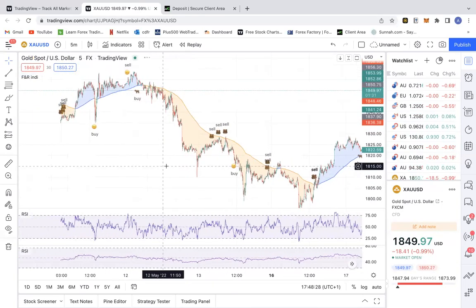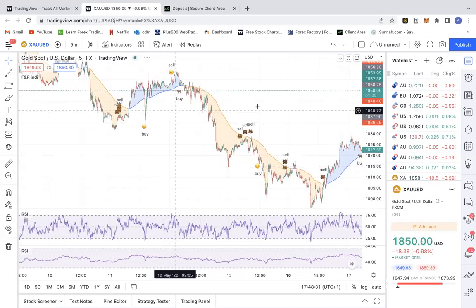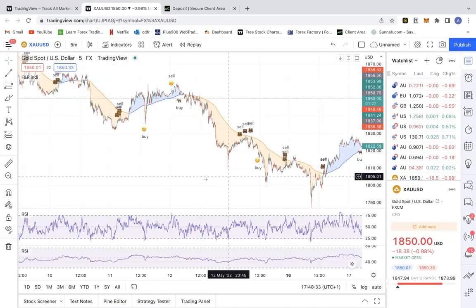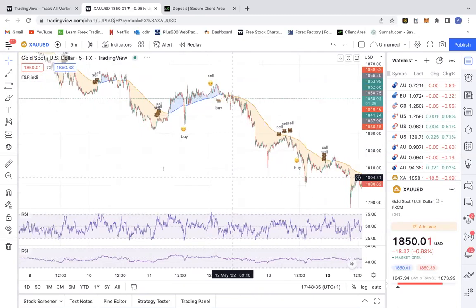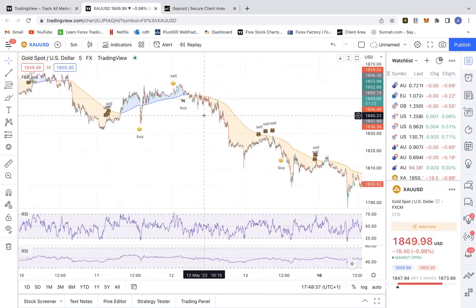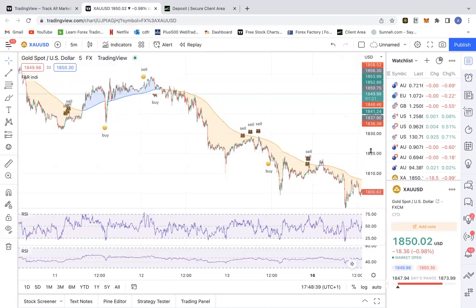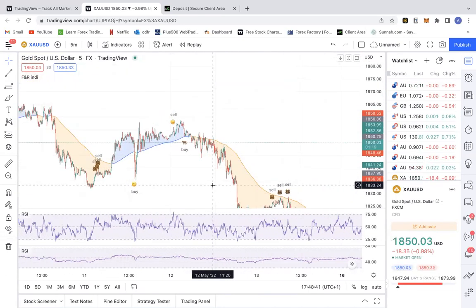Things to look out for, mainly with fake outs, is how quickly the chart moves. In this case, if I show you a perfect example of where not to trade, there. You can see obviously it's hit the MA there.